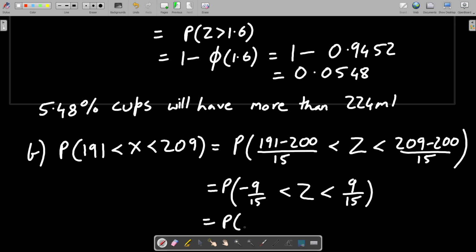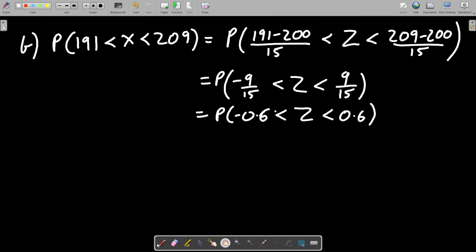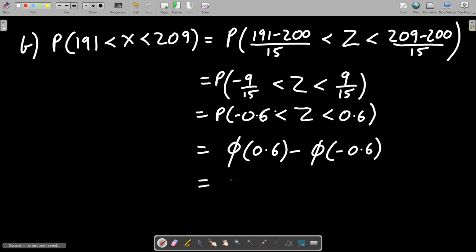Okay, so probability of minus 0.6 less than Z less than plus 0.6. So this is nothing but phi of 0.6 minus phi of minus 0.6, and this we saw is equal to phi of 0.6 minus 1 minus phi of plus 0.6.